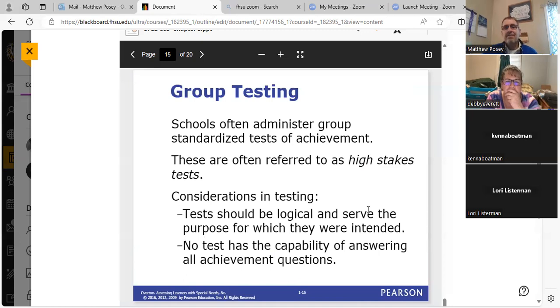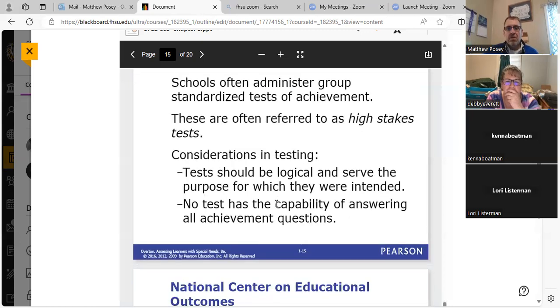High stakes, all states do them. We can give that type of test in a group. We do it all the time in school for state testing. But for the purposes of qualifying for special services, we want to make sure we get them in a good, comfortable, controlled environment.